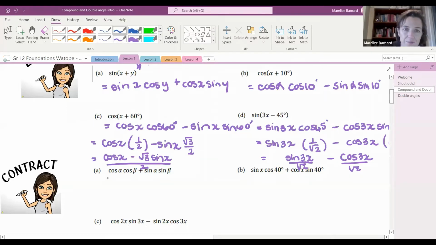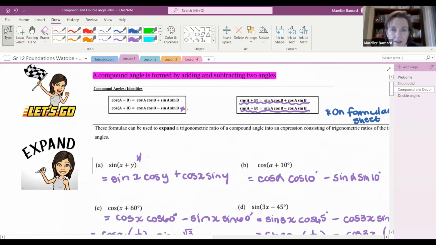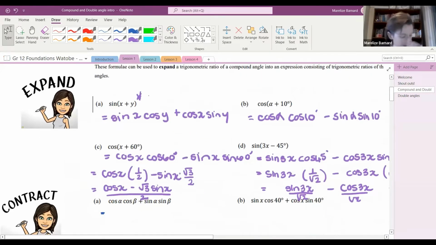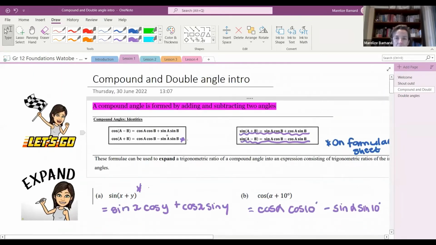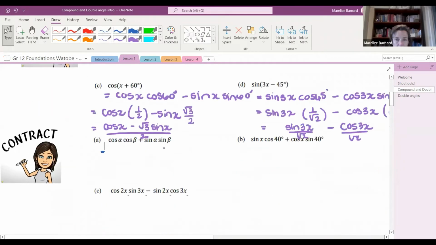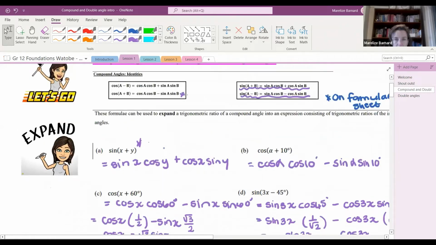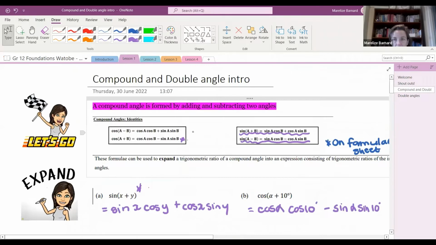Okay, so let's see, cos alpha, cos beta, plus sine alpha, sine beta. That fits into which one of our compound angle identities? We've got cos cos plus sine sine. That is going to be this first one.